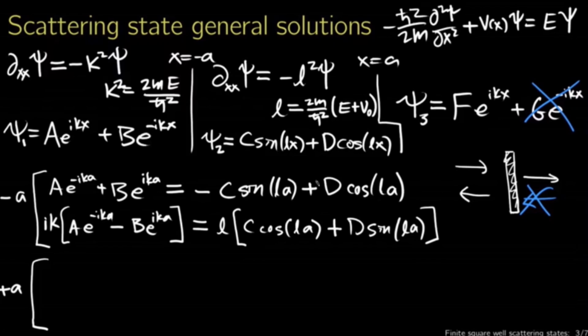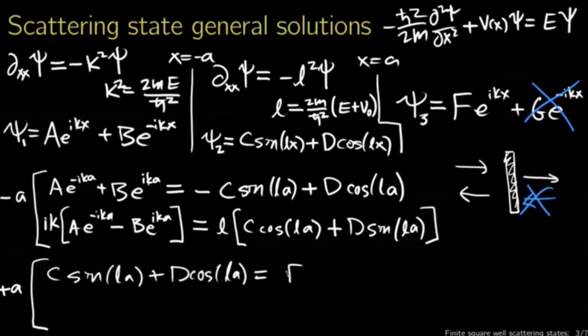So, going through the same procedure we did at minus a, instead evaluating the wave function and its first derivative at a, the expressions we get are c sine La plus d cosine La is equal to F e to the i k a. That's from just continuity, plugging in x equals a into this expression and setting it equal to plugging x equals a into this expression.